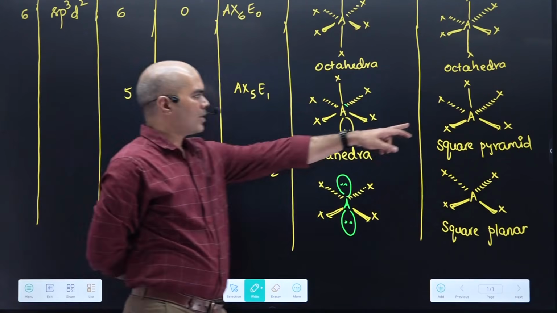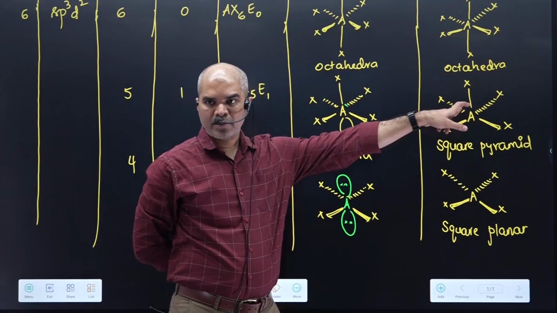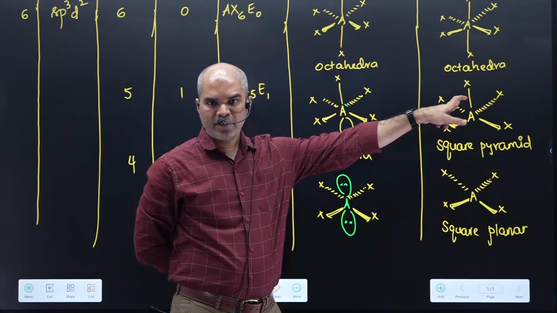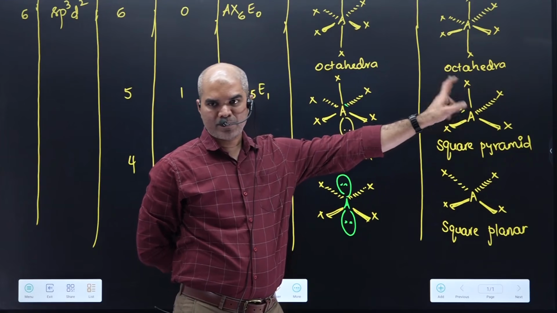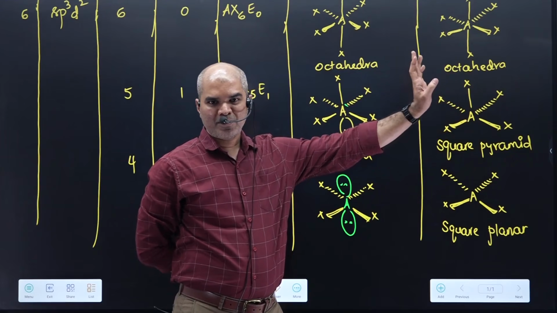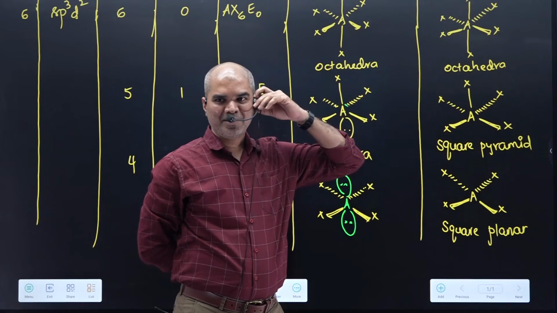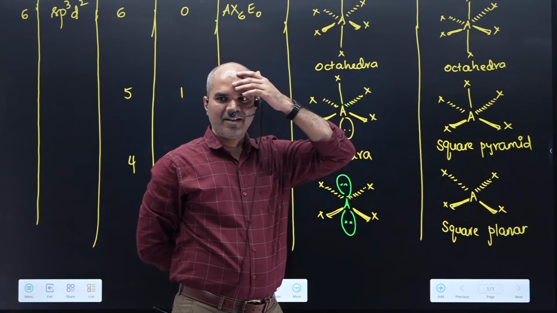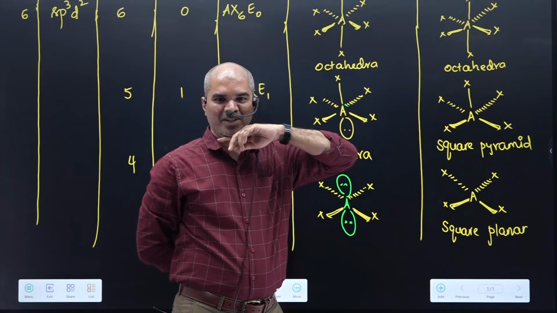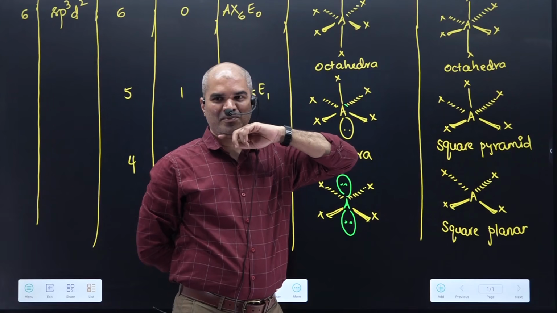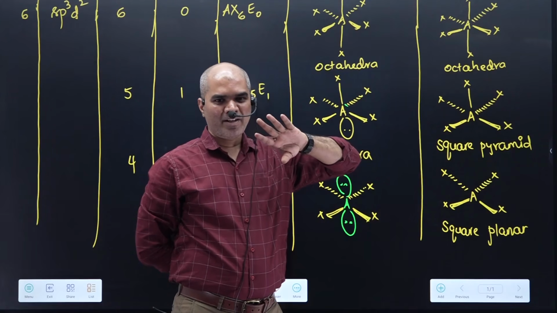What are the bond angles here? Two bond angles, what are they? 90 and 180. No, 120? No, 90 and 180. For square pyramid, 90 and 180.